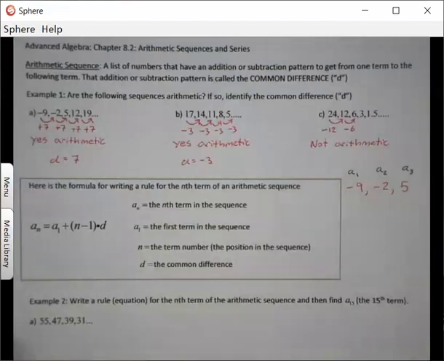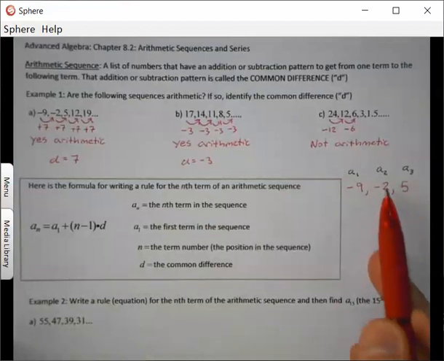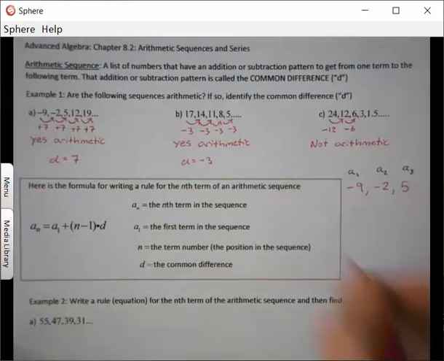Now, again, one way we would use this is to find a term. So we could find the second term, we could find the 8th term, we could find the 500th term. So quick example, let's go ahead and use it to find our second term. We already know what it is. We're just going to do this to see how it works.